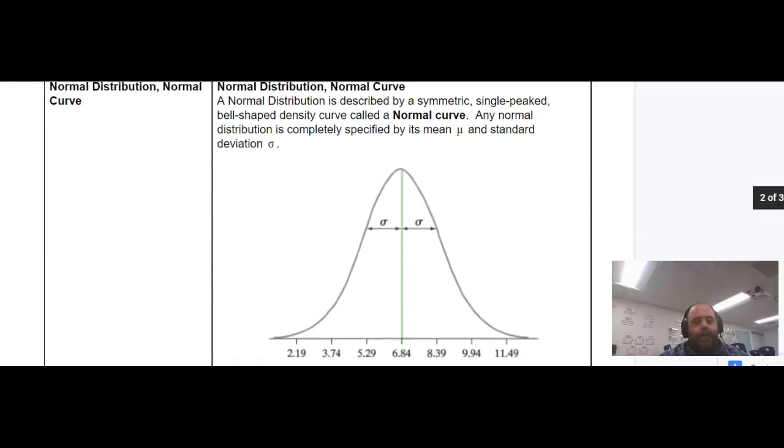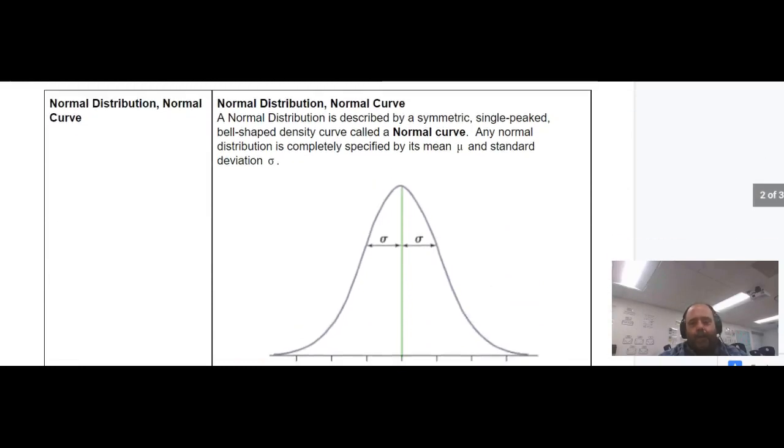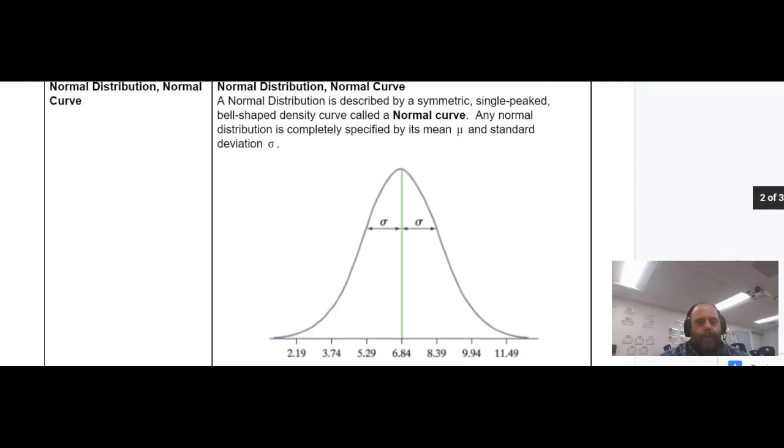All right, so what is the normal curve? A normal curve is a density curve that has a bell shape, is single peaked, and is symmetric. It's determined by two numbers: its mean, which will also be its median, so they're one and the same, and another number called the standard deviation.